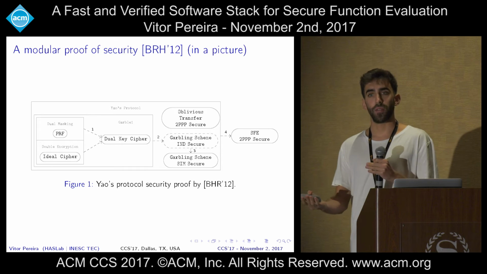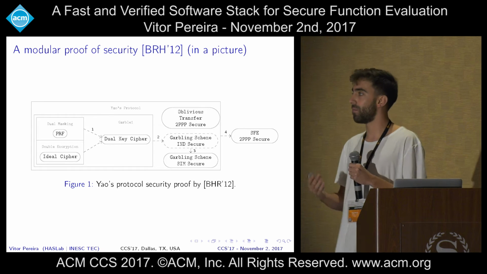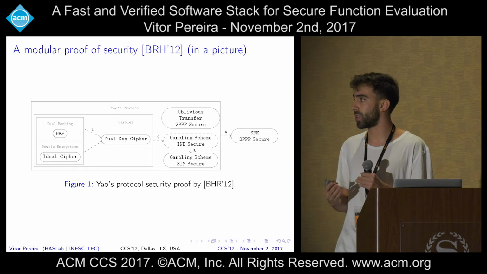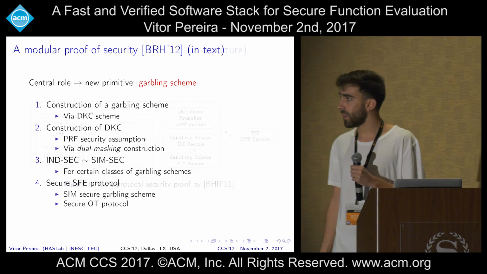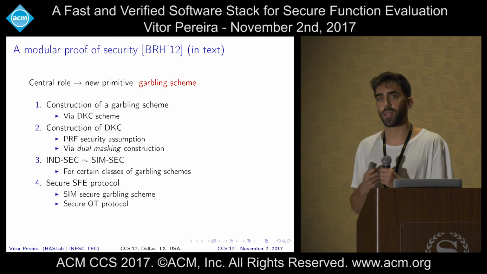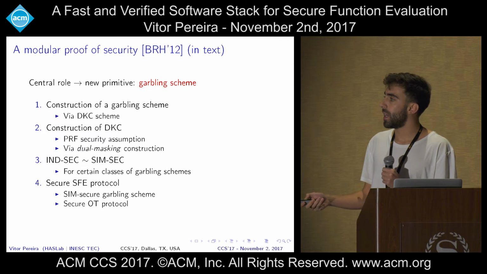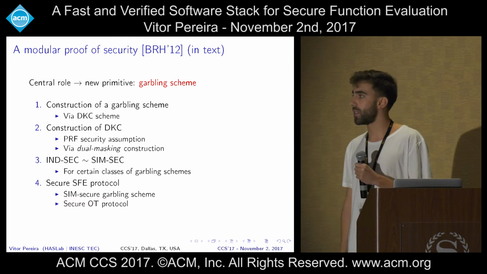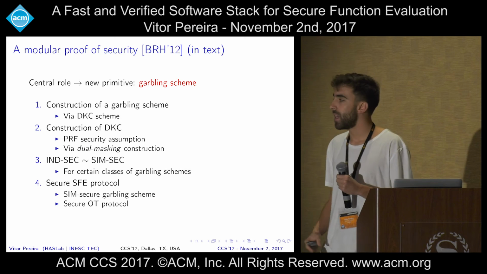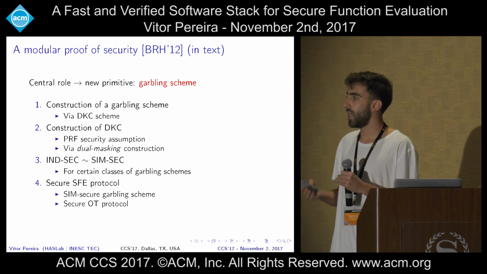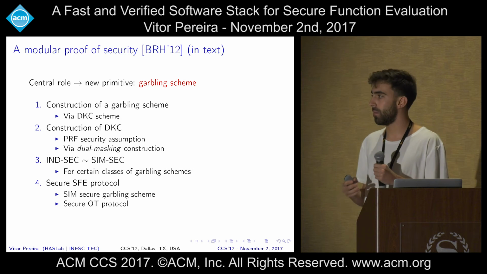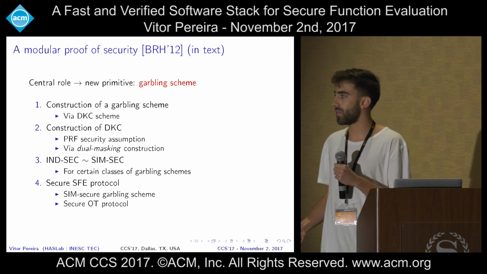Then the construction of a dual-key cipher scheme can be obtained via the dual masking construction and via a PRF security assumption. They also proved that for certain classes of garbling schemes, INDistinguishability security implies SIM security. And finally, they proved that a secure SFE protocol can be obtained if we combine a SIM-secure garbling scheme and a secure oblivious transfer protocol.